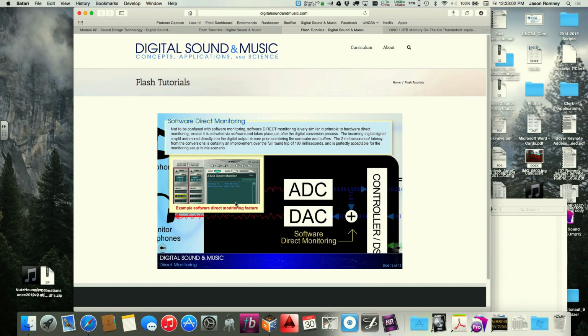In some cases, workstation software like Logic or Pro Tools has an option for this, but it's really communicating to the sound card, telling it to do that. So if you don't have the actual hardware direct monitoring, you can do it this way, and it's not quite as good, but it's better than letting it go through the RAM buffers first. So that's called software direct monitoring.